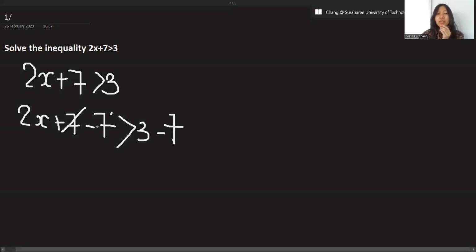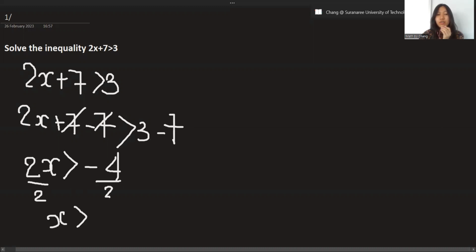So these two will cancel out, and here 2x greater than 3 minus 7, you will get here minus 4. So we want the value of x, so we have to divide by 2 on both sides. So you will get here x greater than minus 2. All right, so the value of x is all the values greater than minus 2.